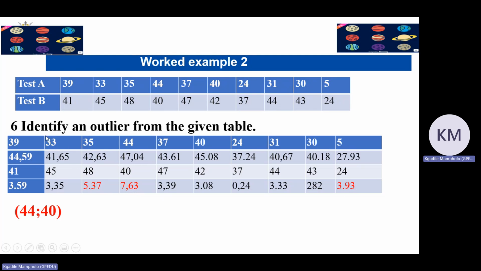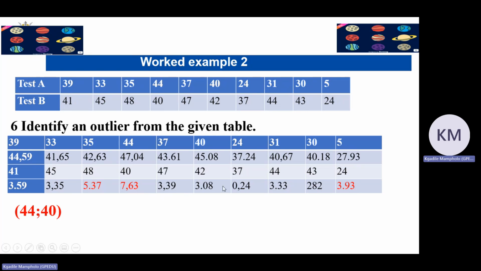Substitute each mark in the equation of the least squares regression line, then you get the estimated mark of test B when test A is 33, then the actual mark is 45, then the difference is 3,35. So you get all the differences. The one that has a greater difference between the estimated mark of test B and the actual mark of test B is an outlier.